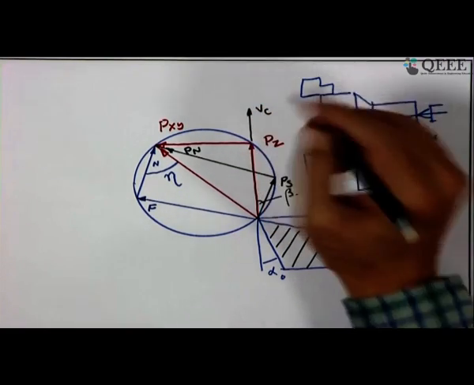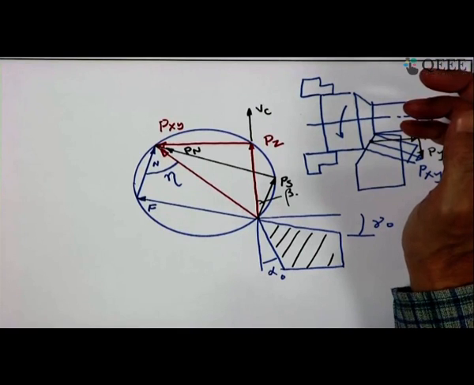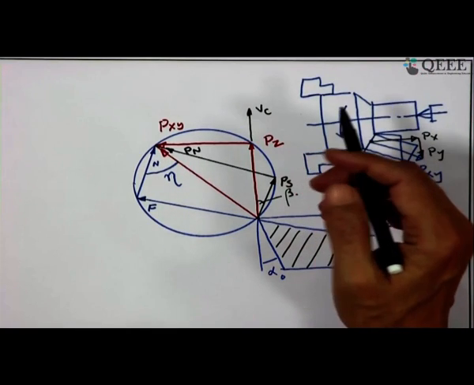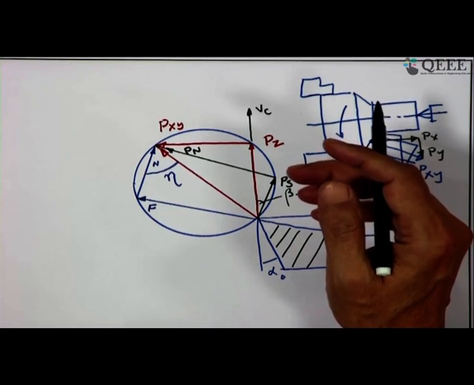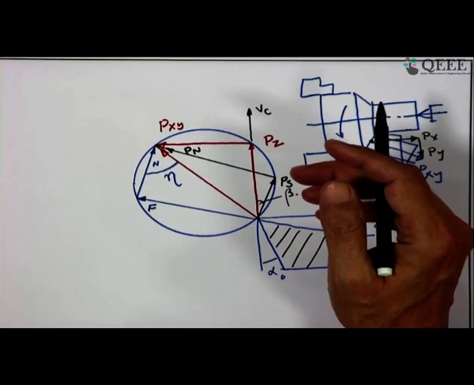So, PZ into Vc gives you the cutting power, and it is also relevant for measurement, for which we have the dynamometer. So, how will these sensors be oriented? The best thing would be to have the orientation of the sensor along some chosen coordinates which are universal. So, for a lathe x, y, z are universal, nobody can change.